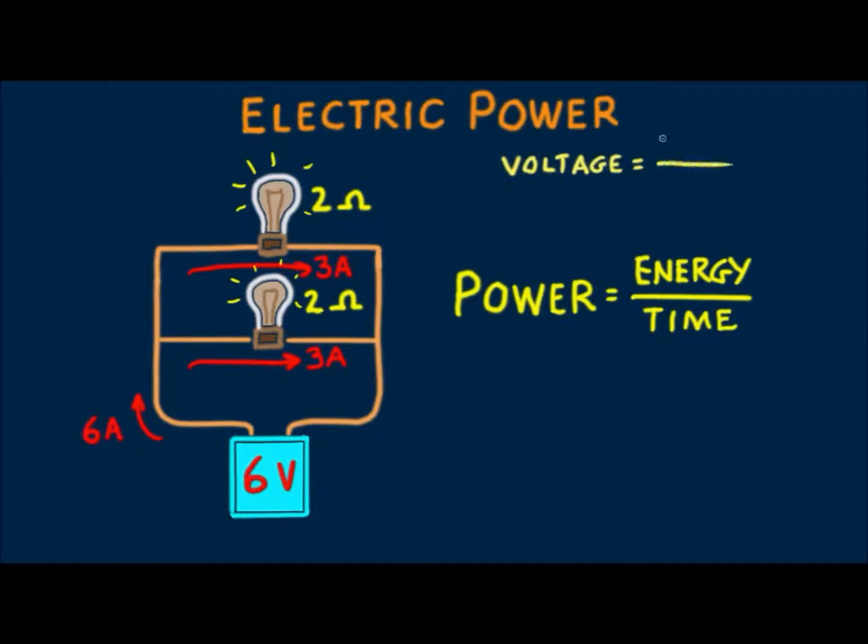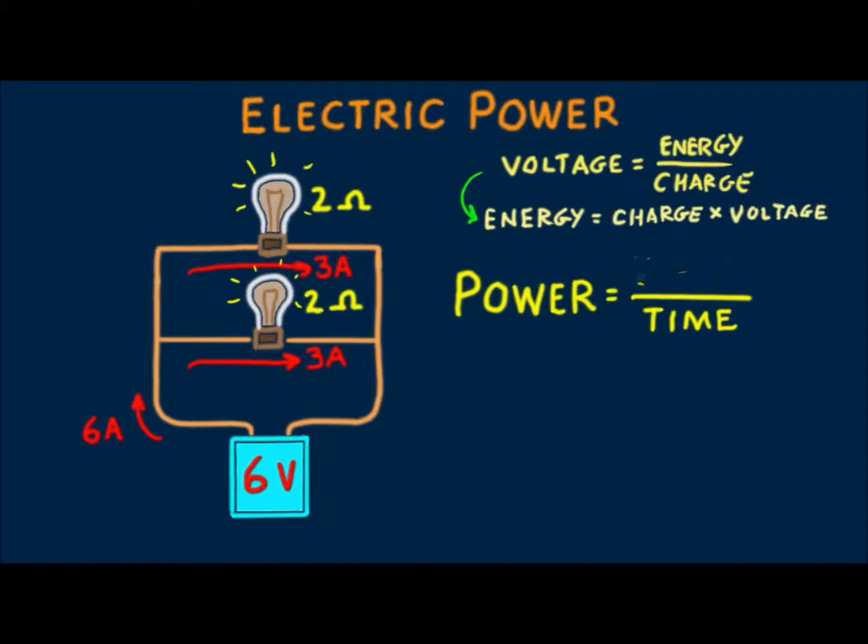From the definition of voltage, energy per charge, we rearrange it to express energy as charge times voltage, and with substitution get power equals charge times voltage all over time.